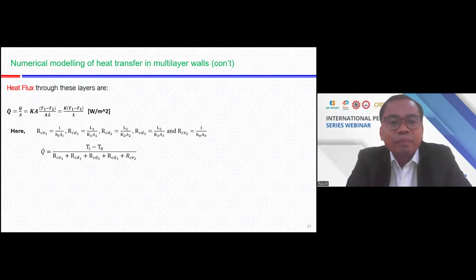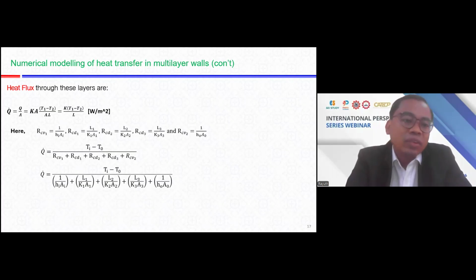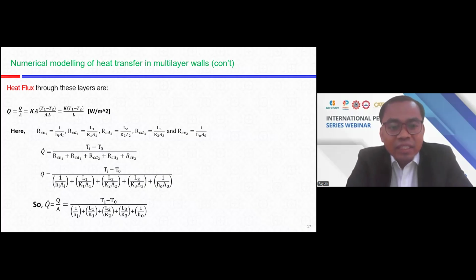After this formulation we substitute, and you can see it on the slide: T inside minus T outside, divided by the resistance of the heat in each layer, from inside to outside, from layer 1 to layer 3. And this is the formula.